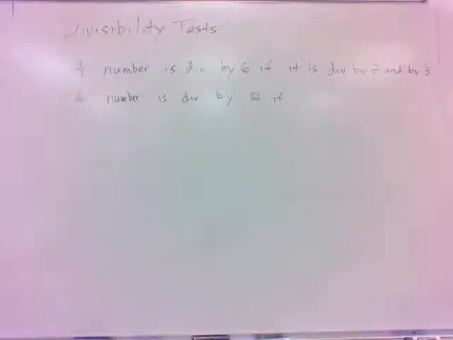Proof of that, 20. Is that divisible by 2? Yes. Is it divisible by 4? Yeah. Is it divisible by 8? Nope. So it's divisible by 2 and 4, but I couldn't say therefore it's divisible by 8. No, you can't say that.